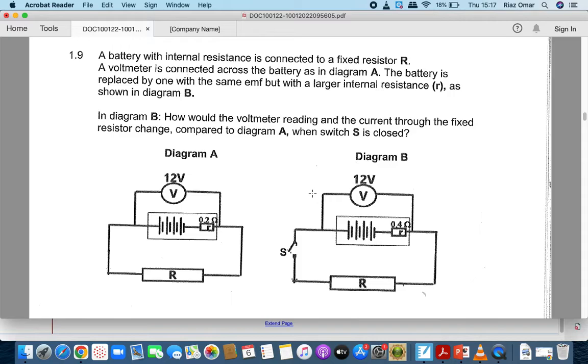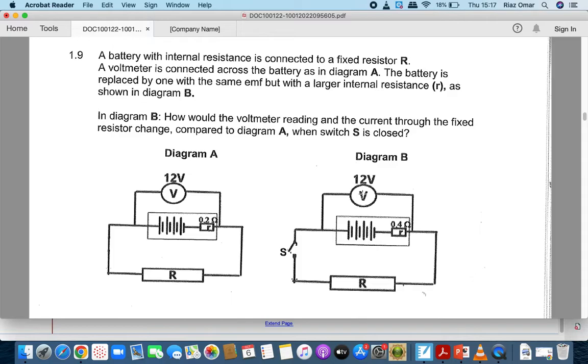So how will the voltmeter reading be affected? Because we have a lower internal resistance in diagram A, the lost volts will be a certain amount, but because there's a greater internal resistance in diagram B, the lost volts will be greater. So the voltmeter reading won't be 12 volts, it will be much less than the reading in diagram A. When the switch is closed in B, the voltmeter reading will be less.